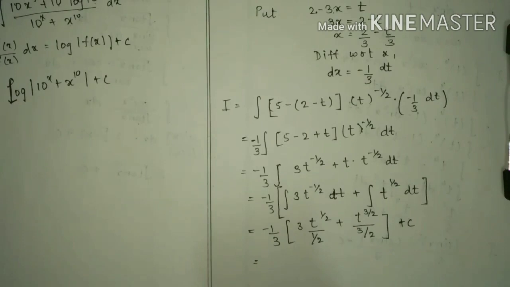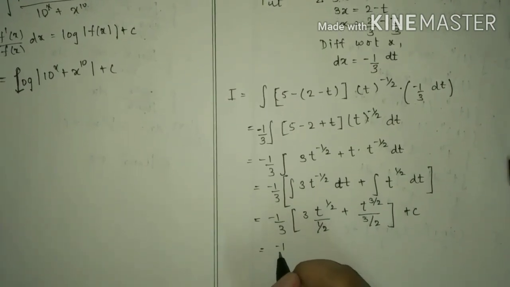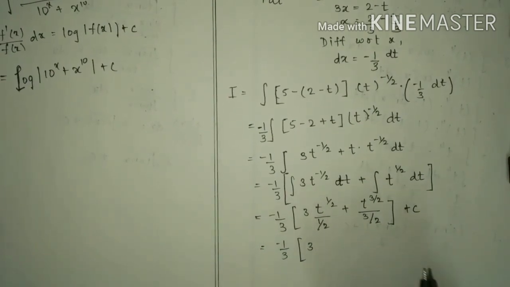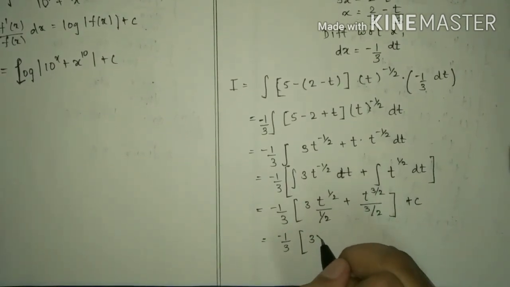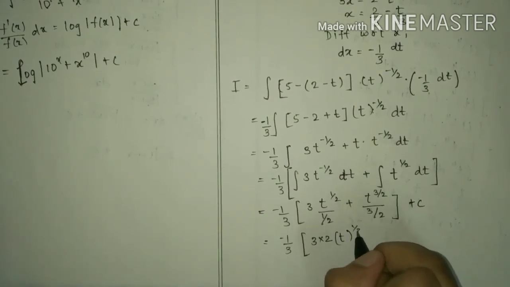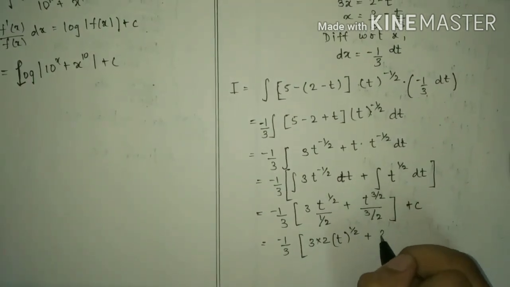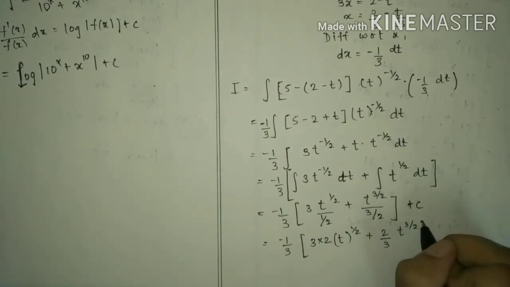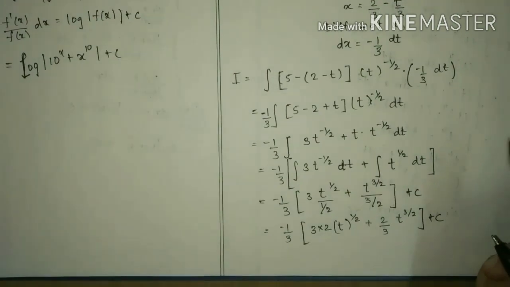So now we have got almost the answer, but we have to resubstitute, don't forget about resubstitution. So 3, when this 2 will go in numerator, t raised to half, plus this 2 will go in numerator, 2 by 3, t raised to 3 by 2, plus c.